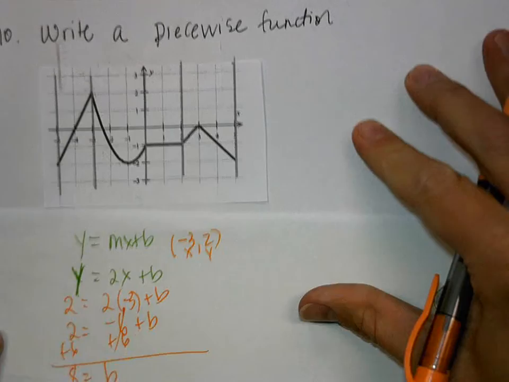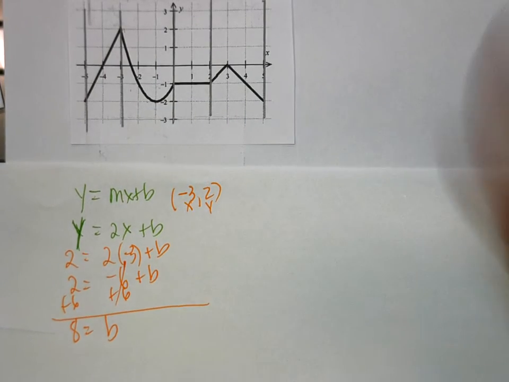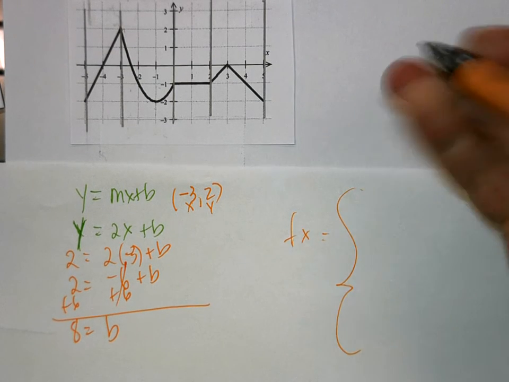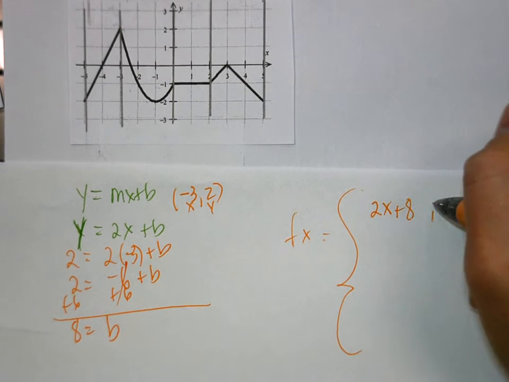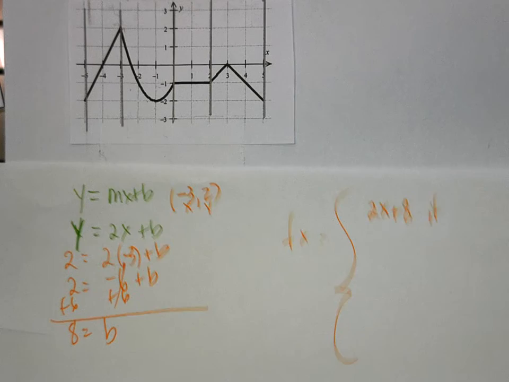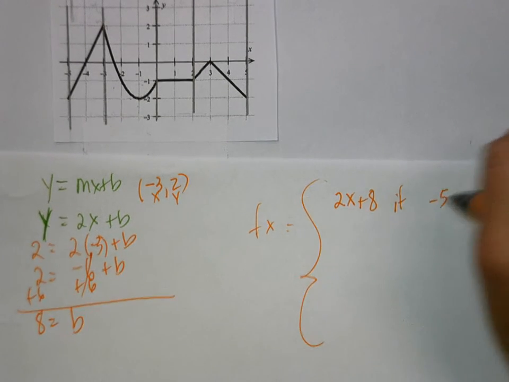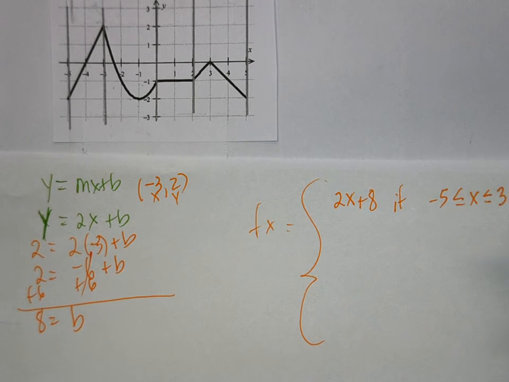So that means when you're writing your piecewise function, my first one is going to end up being 2x plus 8 if -5 is less than or equal to x is less than or equal to -3.